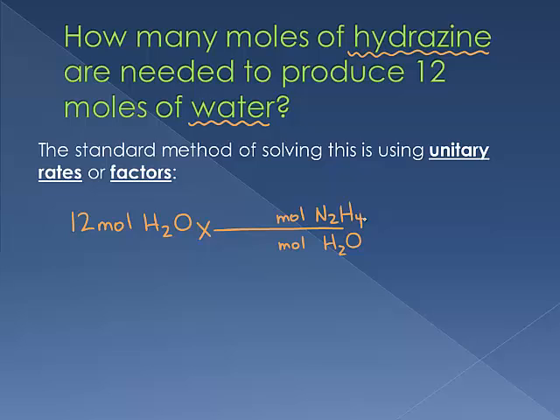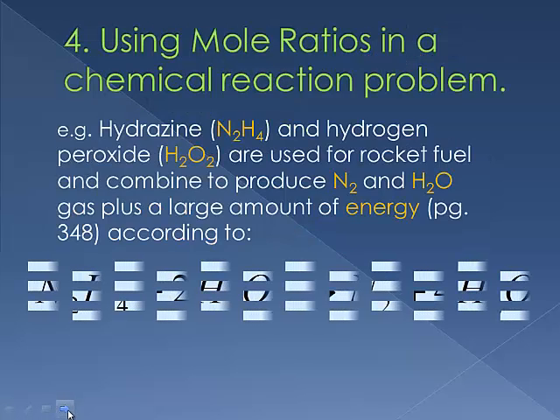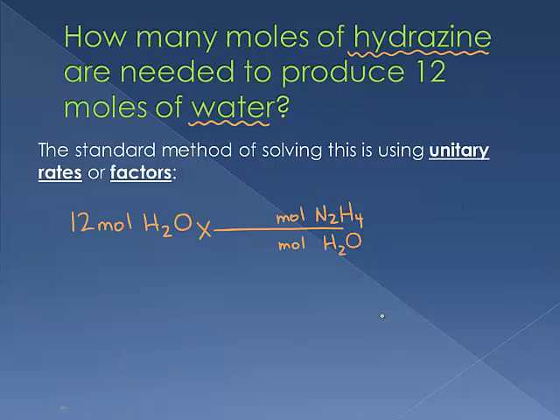Looking at our balanced chemical equation, let's flip back to the last screen for just a second. What we see is that we had 1 mole of hydrazine for every 4 moles of water, because there's an invisible 1 here, and there's a 4 in front of our water. Do I have the unit that it's asking me for in the question?